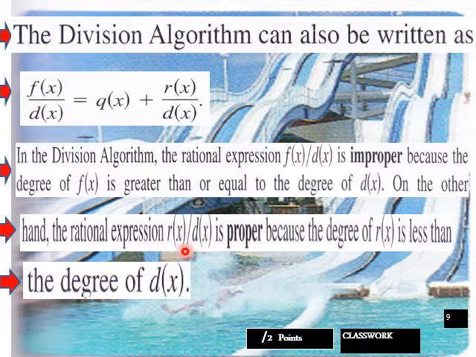So basically it wouldn't be in simplest form. In this situation here, r(x) is proper because the degree of r(x) would have to be less than the degree of d(x), and then up here it wouldn't be. It would have to be reduced to be a simpler form of that.